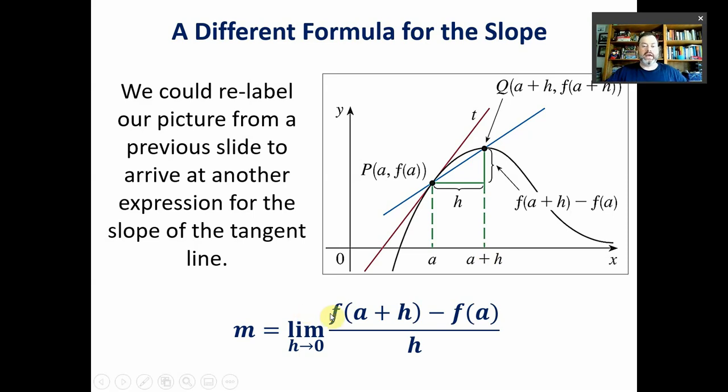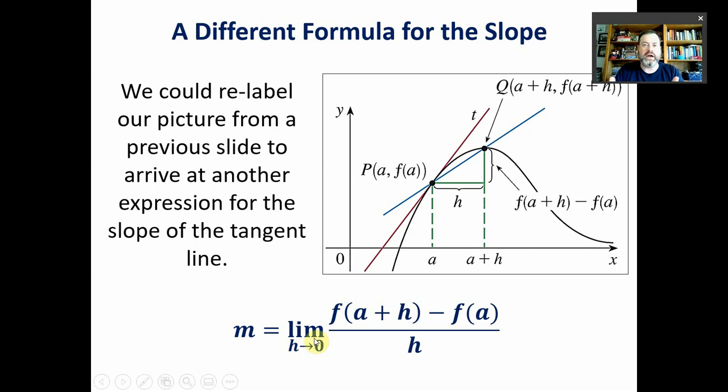So where we had f of x before, we're just replacing it with f of a plus h. f of a stays f of a as our previous formula. And what used to be x minus a is now h. So it turns out that this is exactly the same formula. The reason that this works better in some cases is that now, instead of doing x approaches a, we're just going to have h approaches 0, which means no matter what our function is, this limit always is the same.